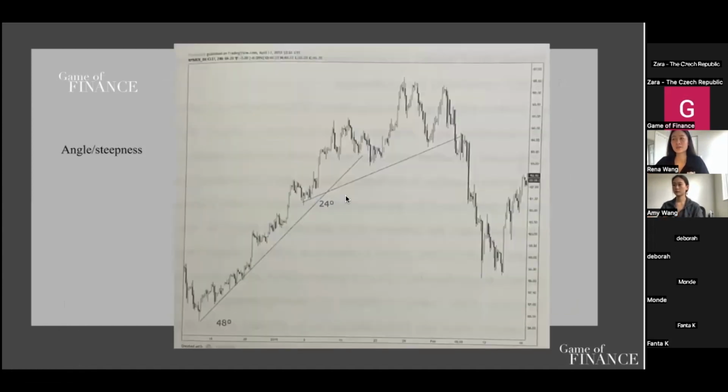Angle and steepness. We've talked about this a lot. The angle determines the strength. Now, this is the exact degree that we're pointing out, and these are features that a lot of stock trading analysis apps have, so you don't have to physically use a ruler and measure it. The rate with which the price rises during a trend is also of very great significance.